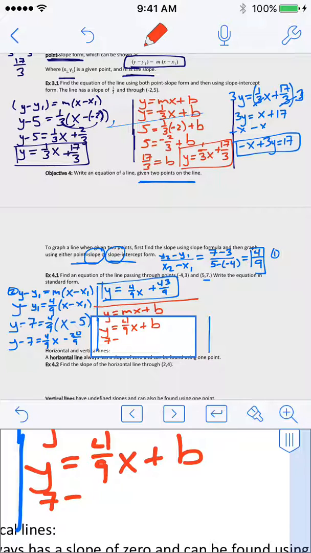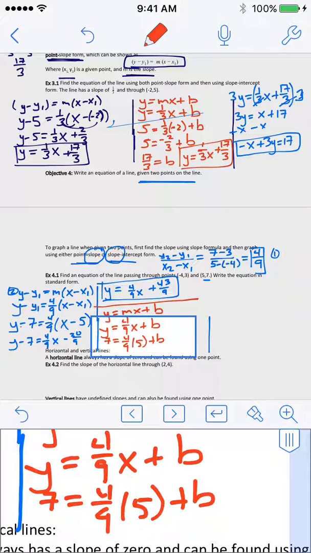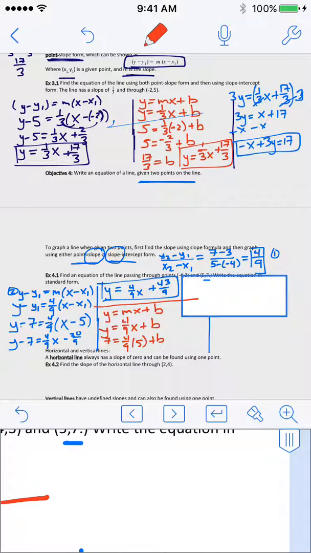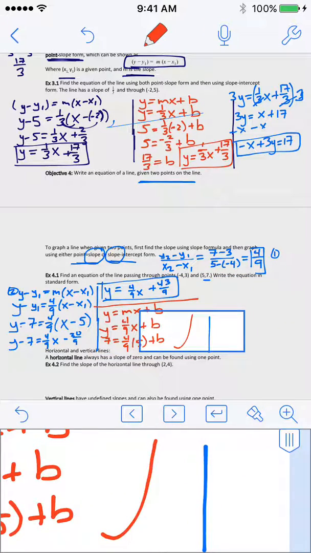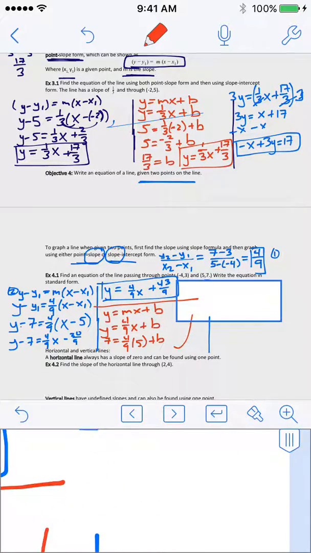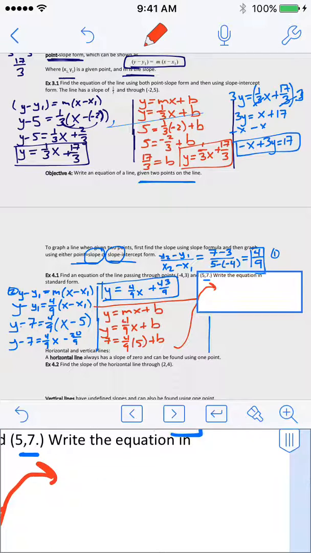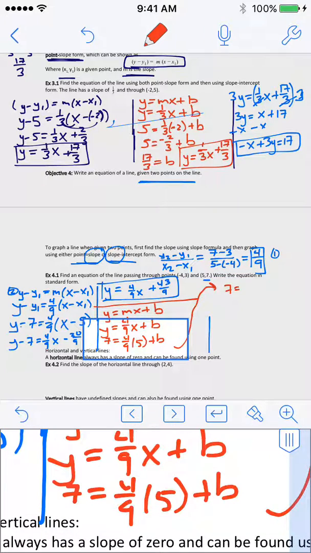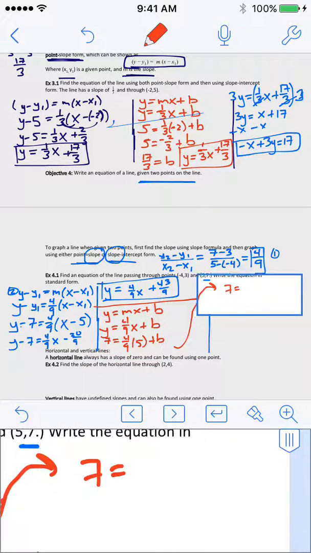So 7 is equal to 4/9 times 5 plus b. And again, I've run out of room, so I'm going to go up here. I have 7 is equal to, well, 4 times 5 is 20/9 plus b.